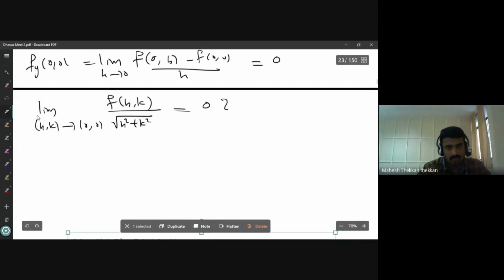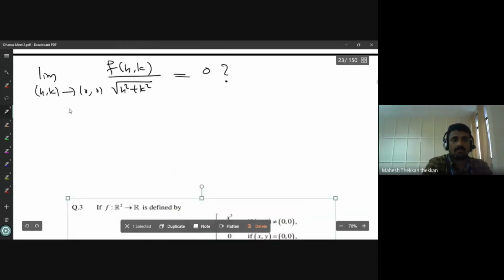If it is 0, I can say the function is differentiable and the derivative is 0, 0. Because the alpha here is fx at 0, 0, that is 0, and beta here is fy at 0, 0, that is also 0, which we have already seen. So the only thing I need to verify is whether this exists and this value is 0 or not.